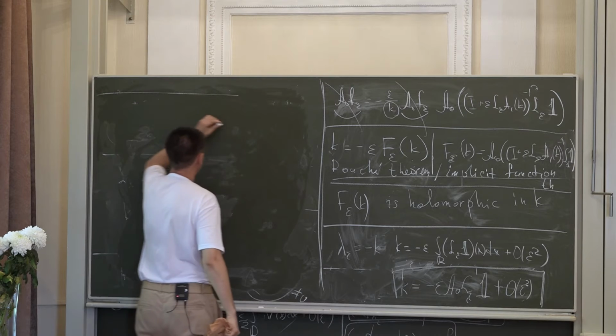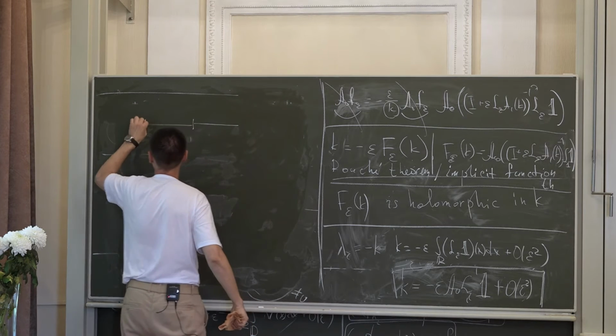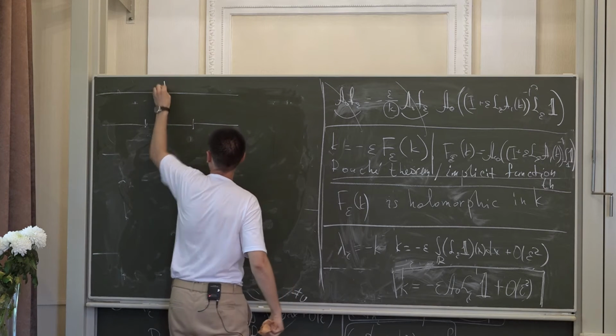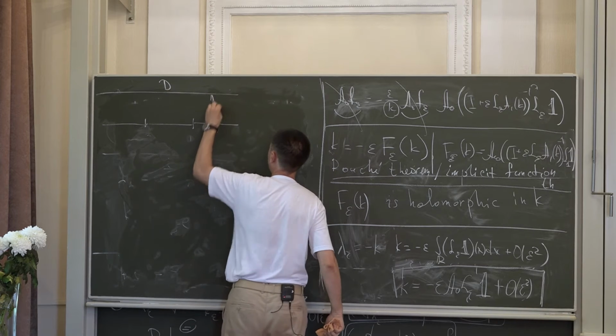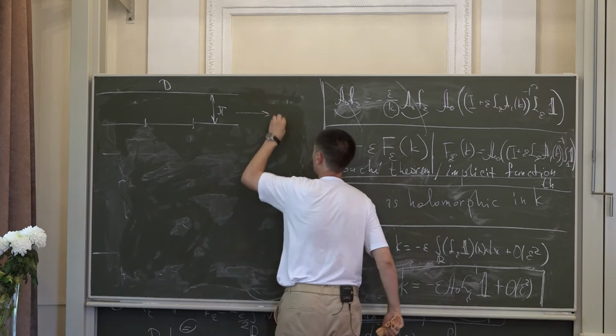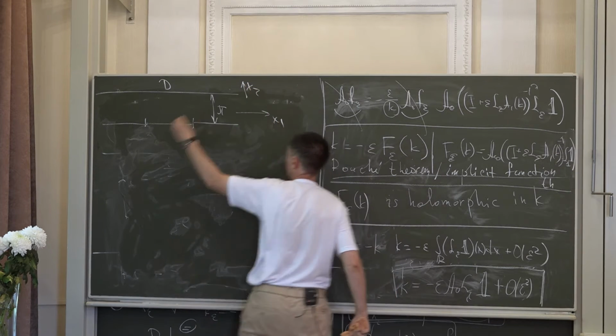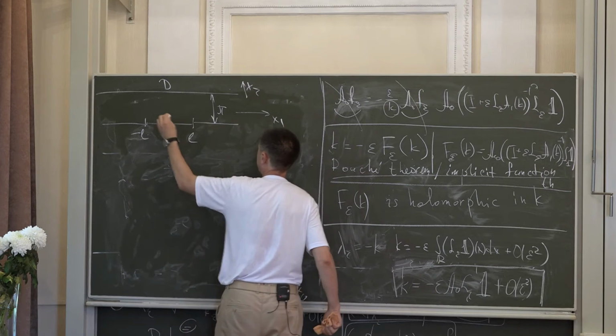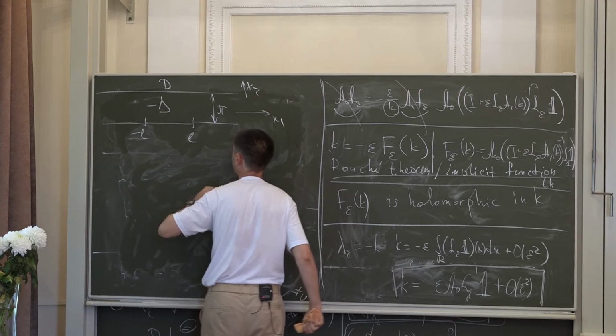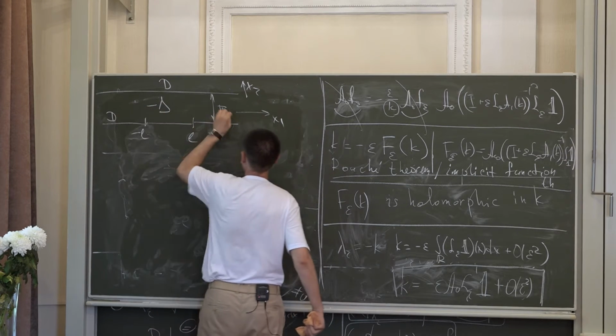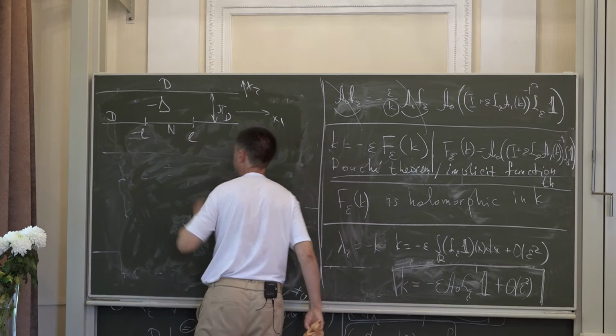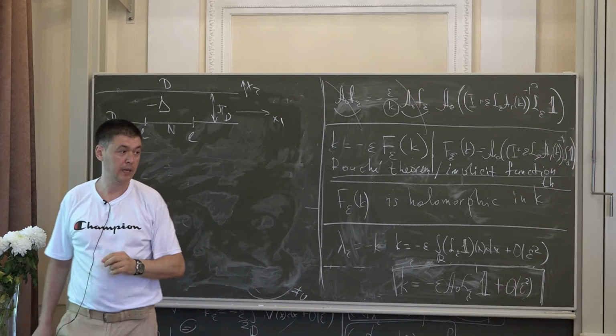Namely, we consider a planar waveguide. This is a strip of width pi. Here I have x1, here I have x2, here I have minus L. The operator is just a Laplacian, and here I have a combination of the following boundary conditions.